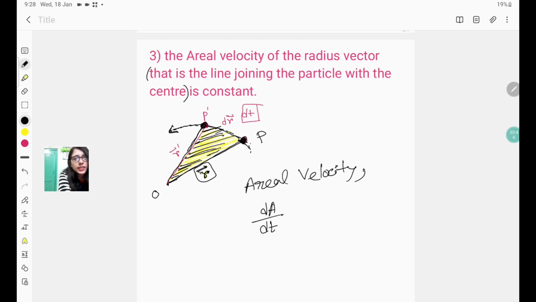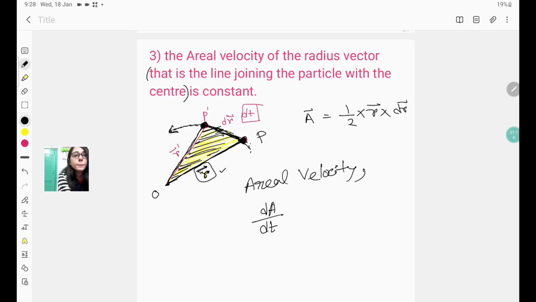This looks quite like a triangle, since this dr is very small and nearly equal to a straight line. That's why this OPP' is looking like a triangle, and the area of this triangle A is equal to half cross r cross dr, right?